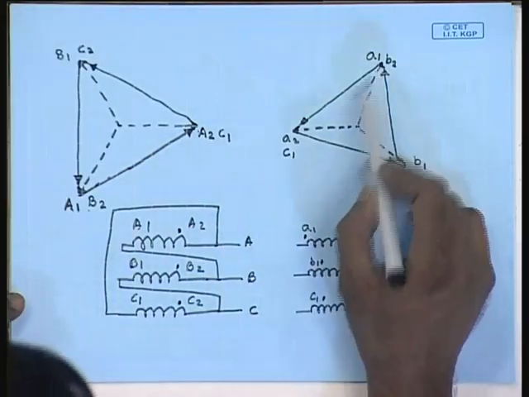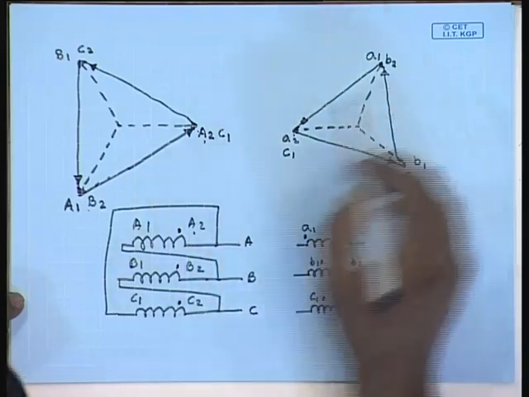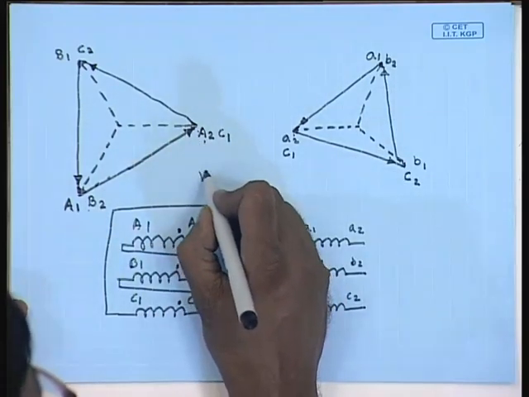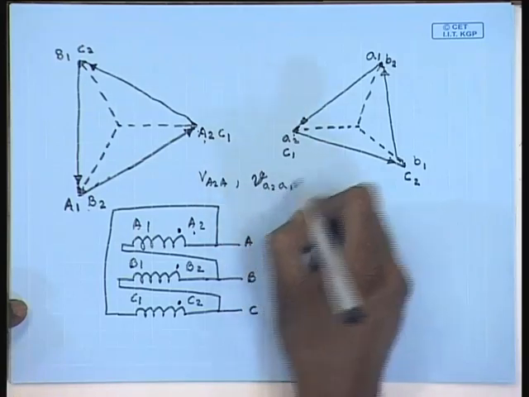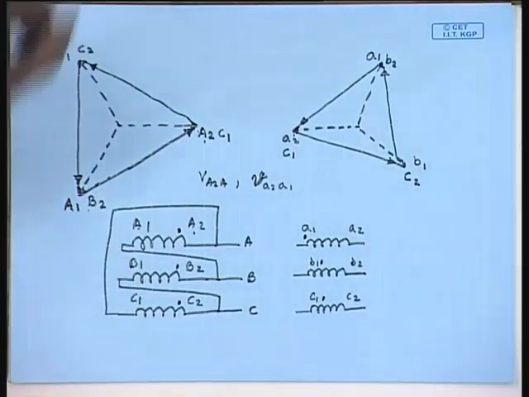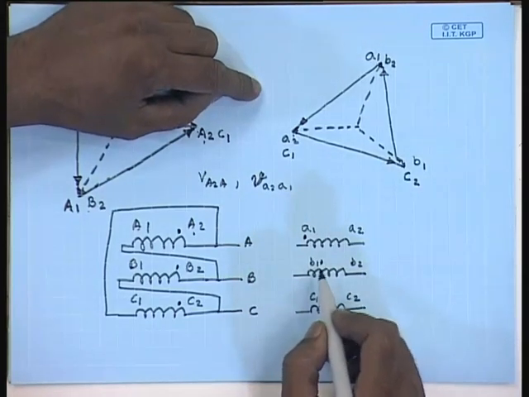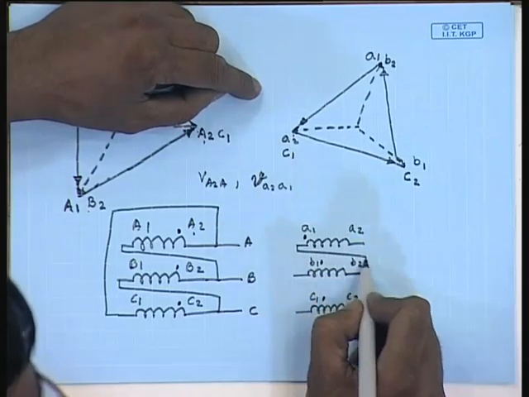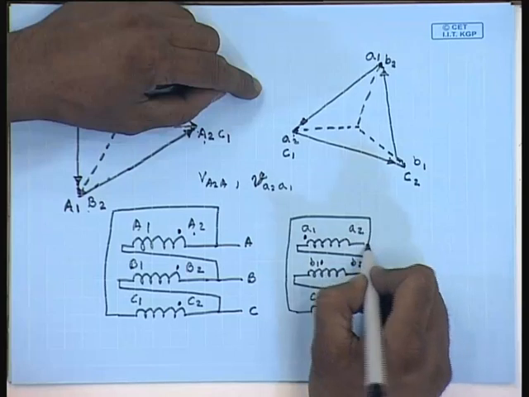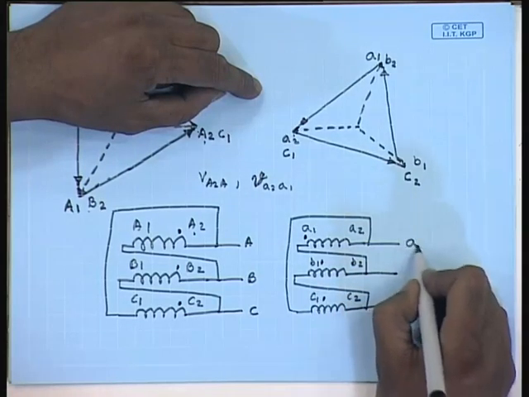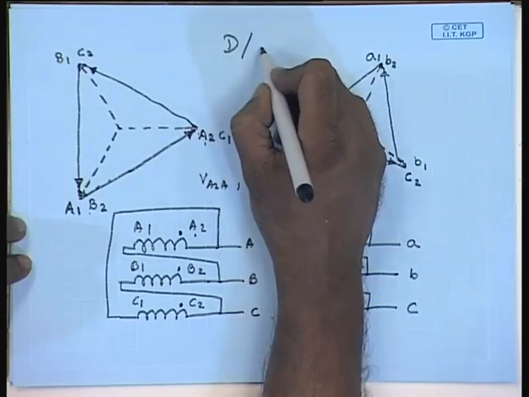That is, instead of a2 and capital A2 having the same instantaneous voltage, now a1 and A2 should have same instantaneous voltage, because we are seeing that the voltage V A2 A1 and the voltage V a2 a1 should be in phase opposition. The connections are made again by connecting a1 to b2, b1 to c2 and c1 to a2, and the lines are connected to a2 b2 c2. So, this is the connection Dd6.